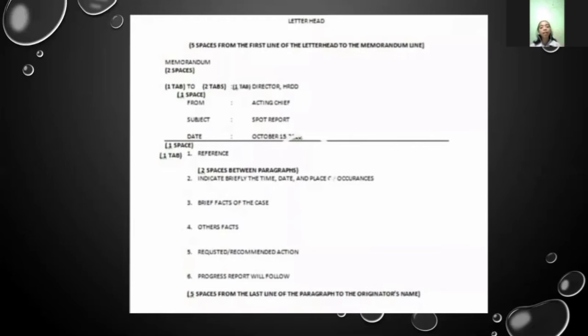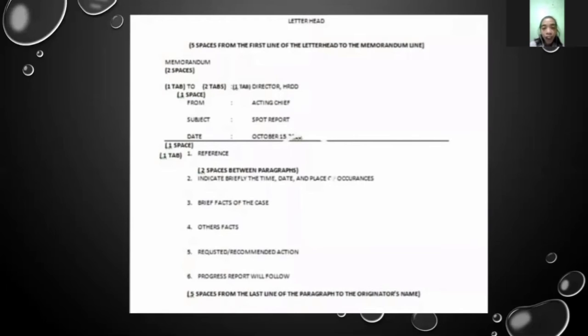Ganito yung format kapag tayo ay gagawa ng memorandum letter. Una, yung letterhead, kung ano yung nakalagay, yung Republic of the Philippines. Tapos 5 spaces below nakalagay yung memorandum, 2 spaces, nakalagay yung for, 1 tab, director.